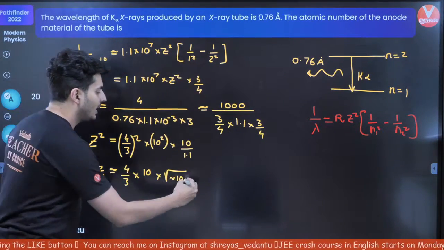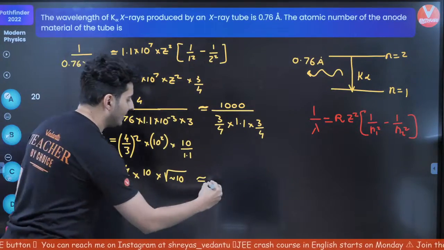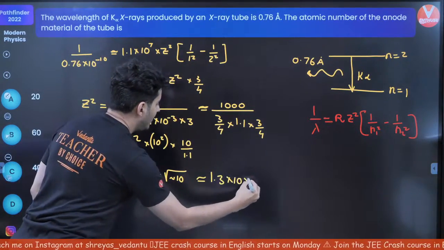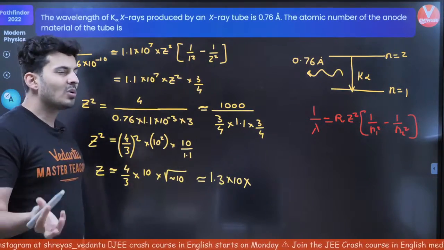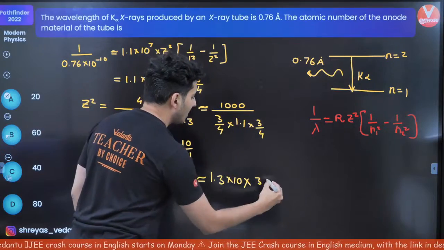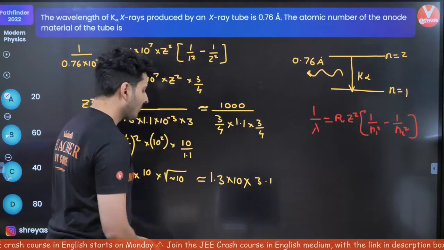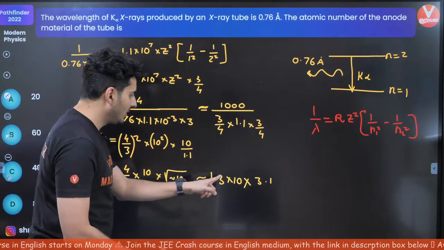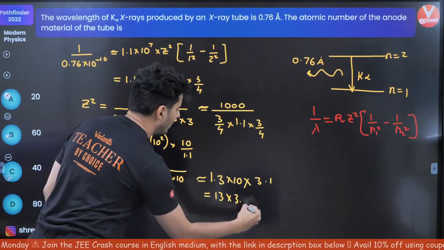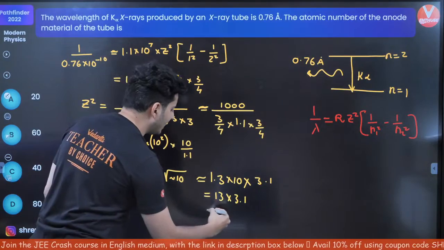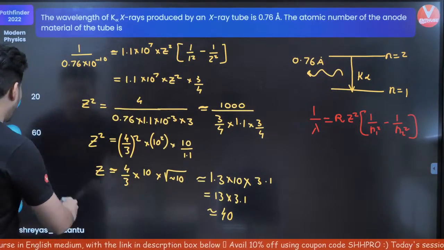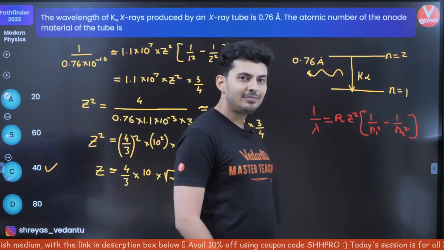Now 4 by 3 is roughly 1.3, into 10, and root of 10 is pi, or 3.14. Now interesting thing to note, this is 13, so 13 into 3.1, 13 3s are 39, so very, very close to 40, and 40 is there in the answer.